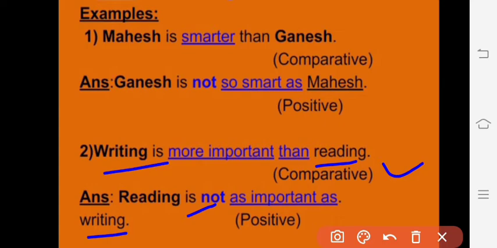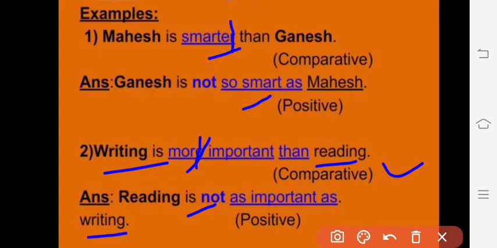Or you can write, reading is not so important as writing. You can apply as or so as, but remove er form or more. Remove er form or more and apply the simple form of the adjective. Smarter into smart and apply so smart as.